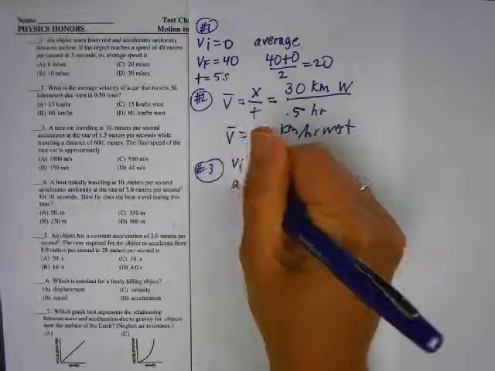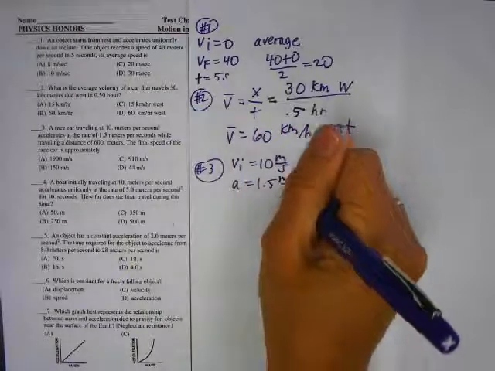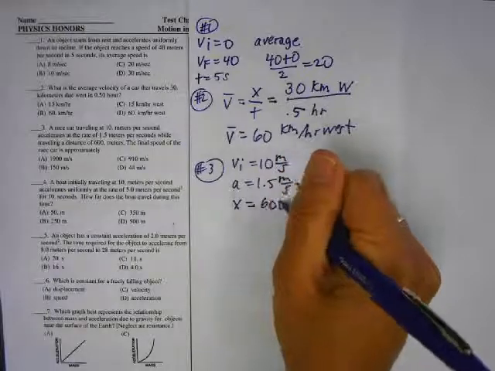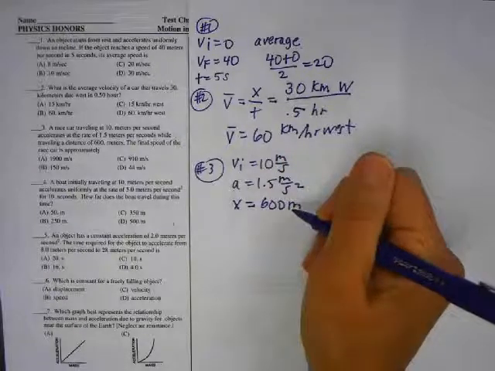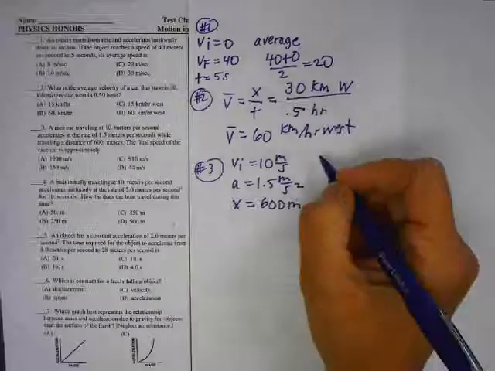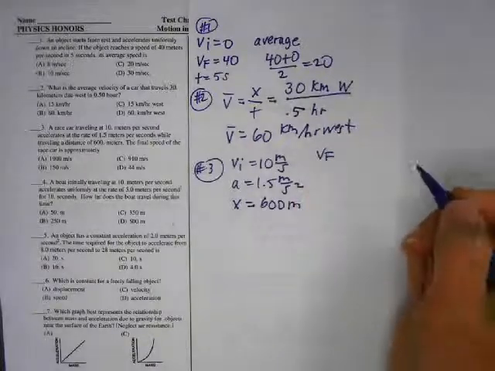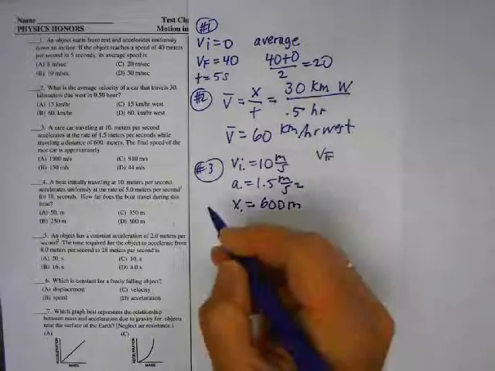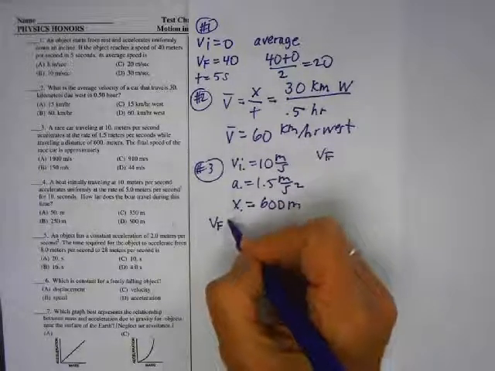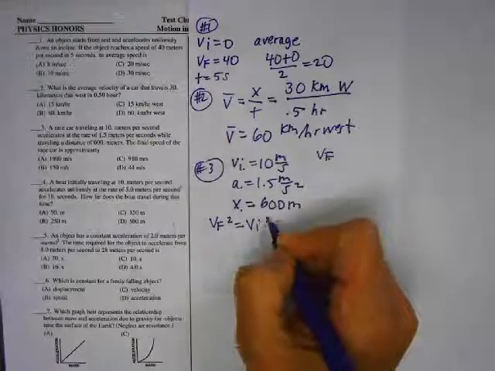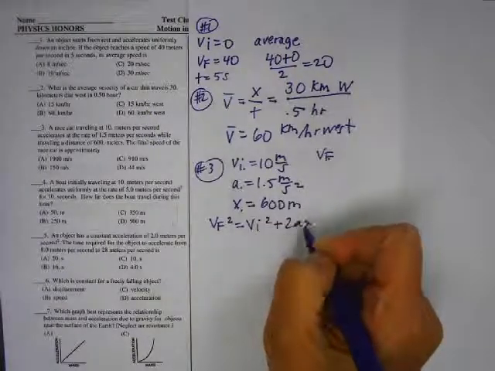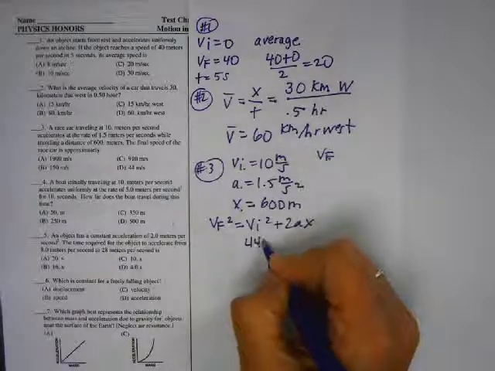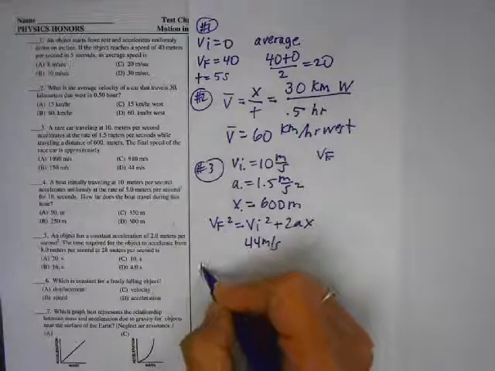Then I have the acceleration is 1.5 meters per second squared, and x is equal to 600 meters, and I want to find VF. So now I'm going to say which equation has these 4 variables, VI, A, X, and VF. So I'm going to use the equation VF squared is equal to VI squared plus 2AX. And when I substitute that, I'll get choice D, which is 44 meters per second.